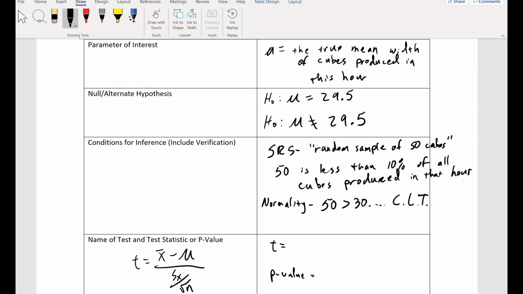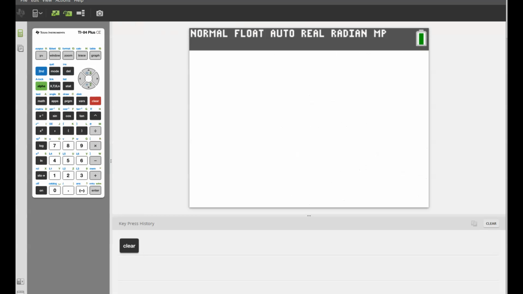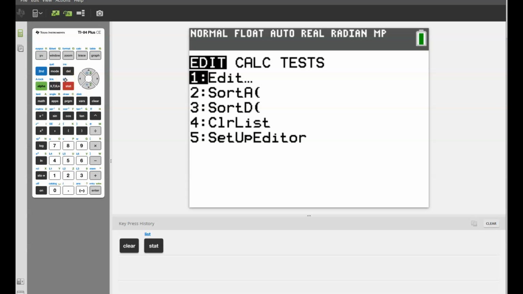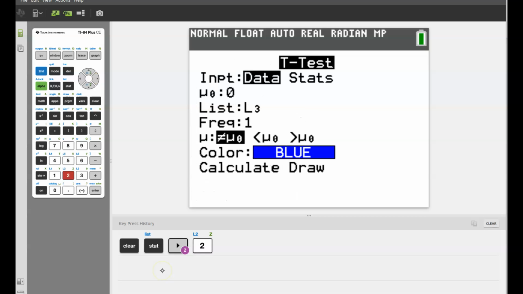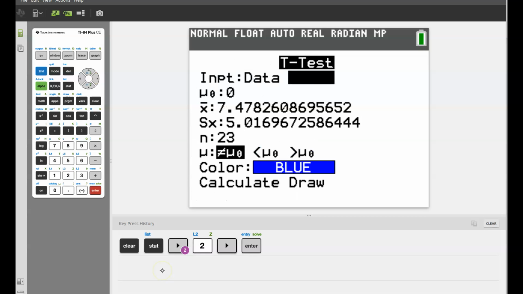So I'm just going to calculate my test statistic. So I'm going to go to stat. I go over to tests, and this is just a t-test, number 2. Okay, so I do not have the data like I had in the last one. This time I have stats. The null hypothesis for the mean is 29.5.